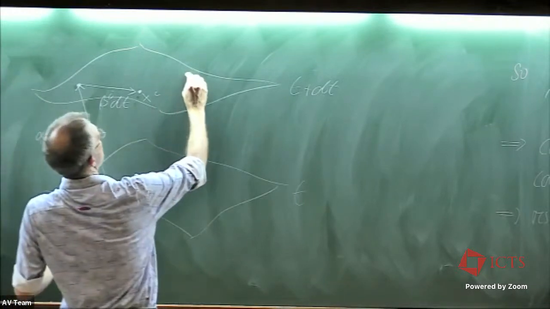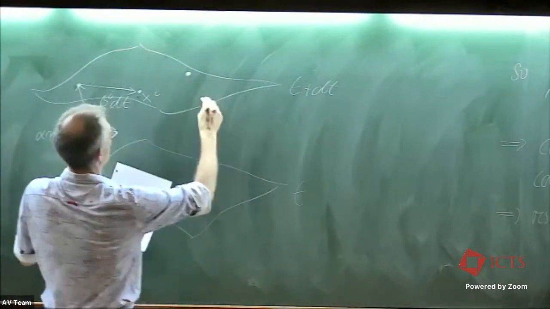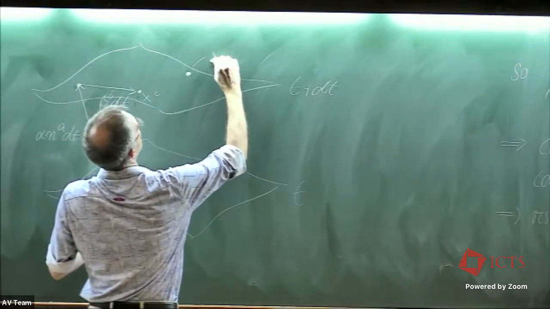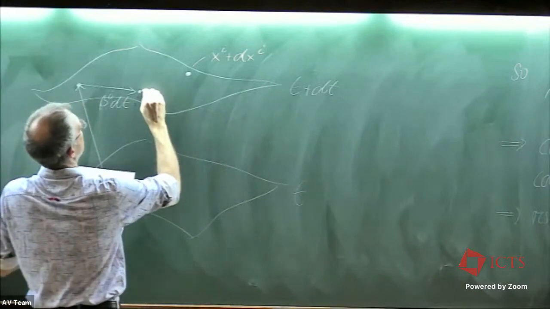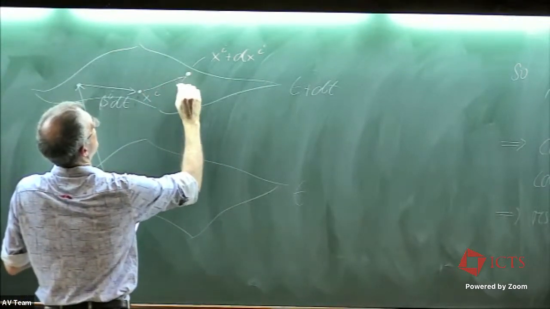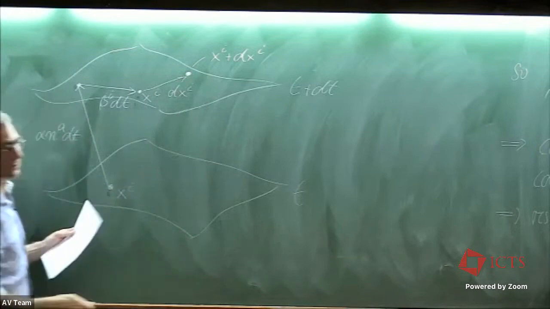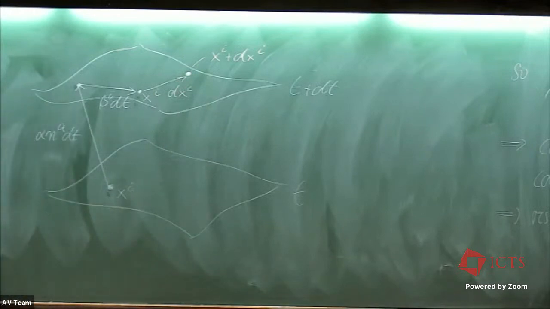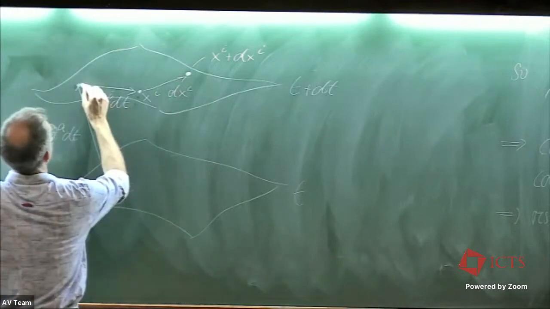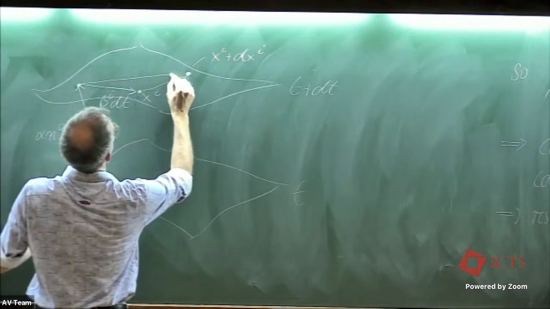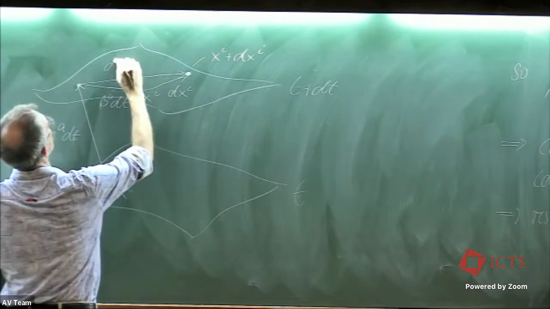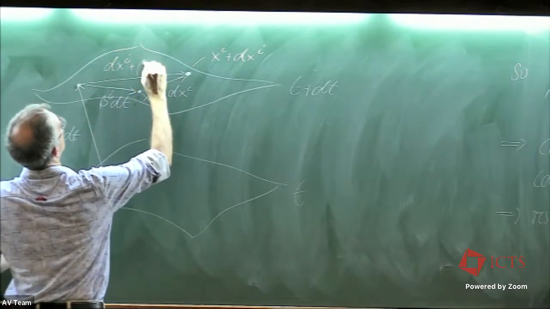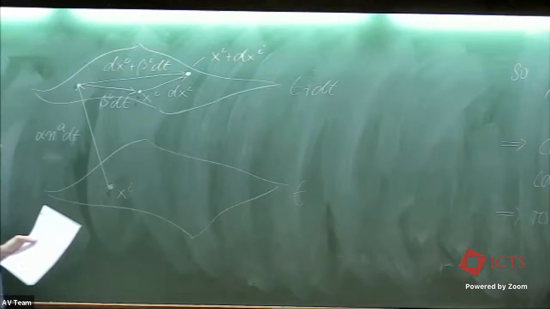Now, this event will have spatial coordinates that are maybe x^i plus dx^i, meaning that this extra vector here gives us the shift in the spatial coordinates. Does that make sense? So what then is this vector? This vector here is the sum of beta^i dt plus dx^i. So let me write dx^i plus beta^i dt. You with me?